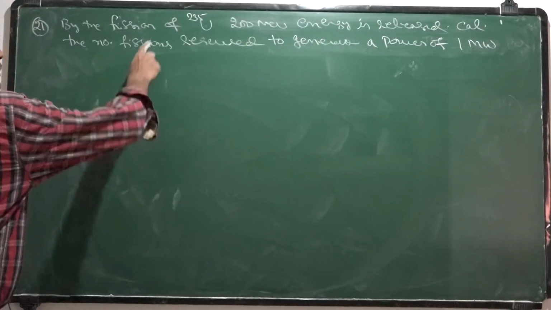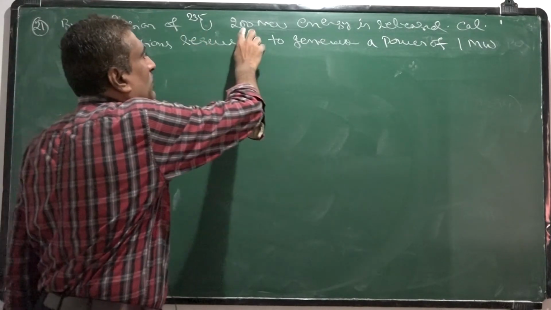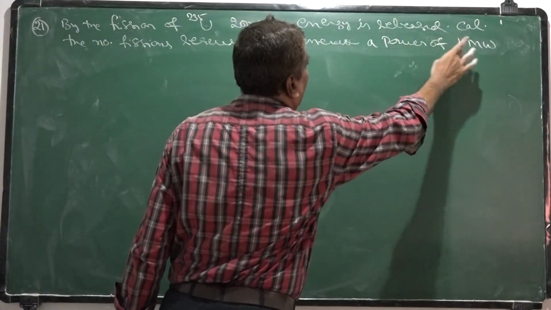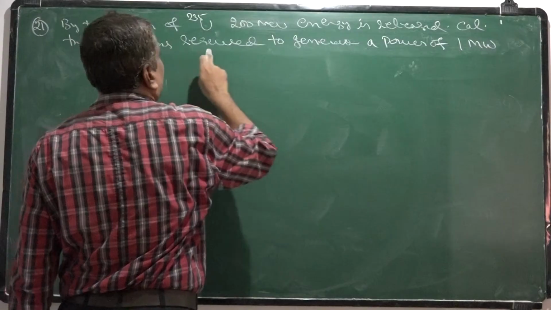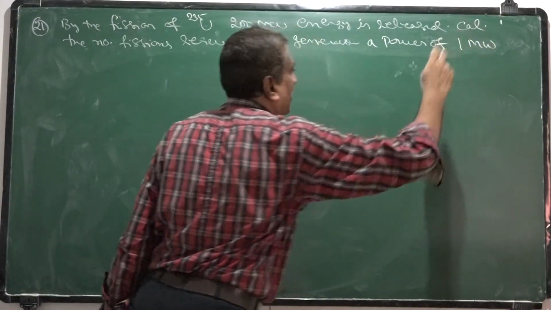Okay. Due to fission of one nucleus, 200 MeV energy is released. Calculate number of fissions required to generate a power of 1 megawatt.